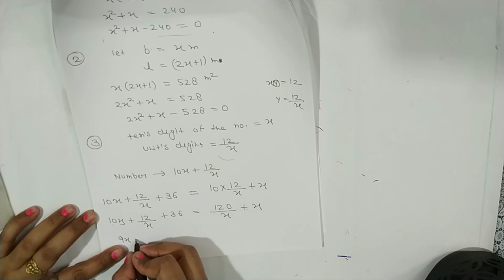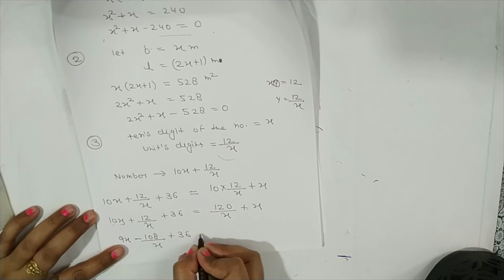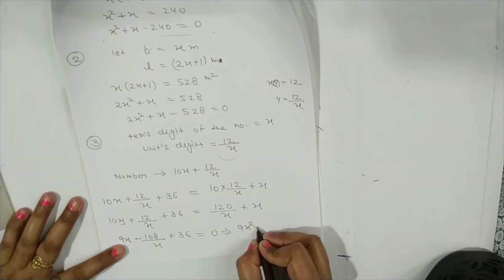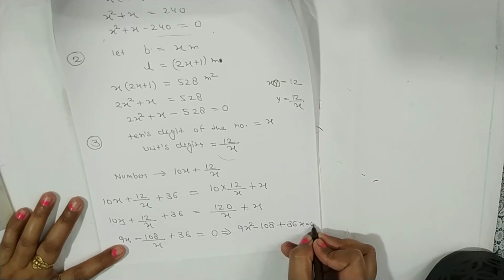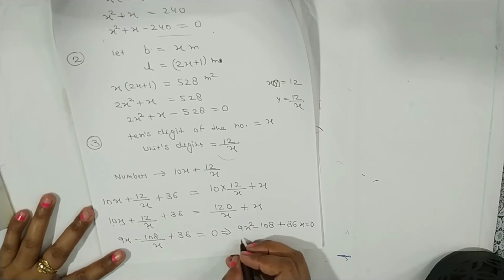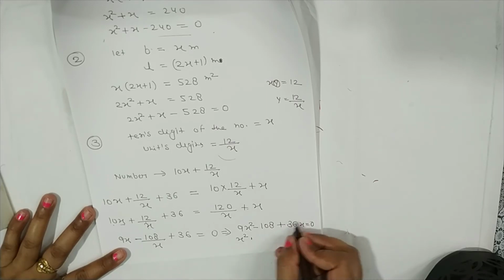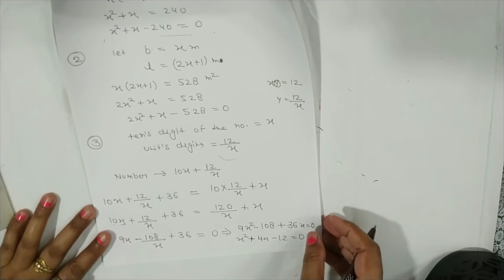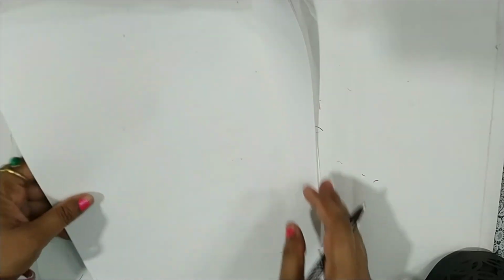When transferred, it will be minus 108 upon x, then plus 36 is equal to 0. Then, when we take the LCM, it will be 9x square minus 108 plus 36x is equal to 0. Divide by 9 on both sides, so it will be x square plus 4x minus 12 is equal to 0. So from this you can formulate the quadratic equation.